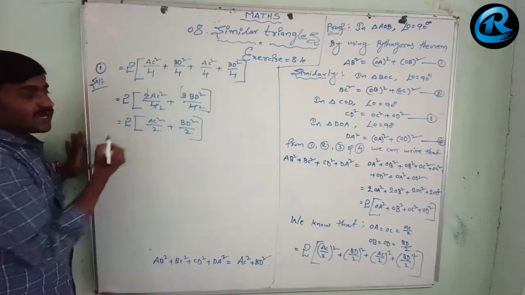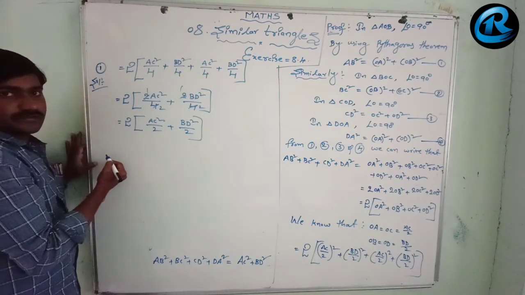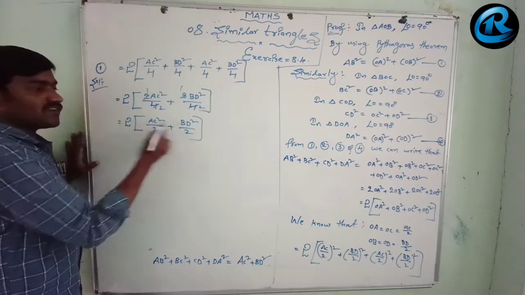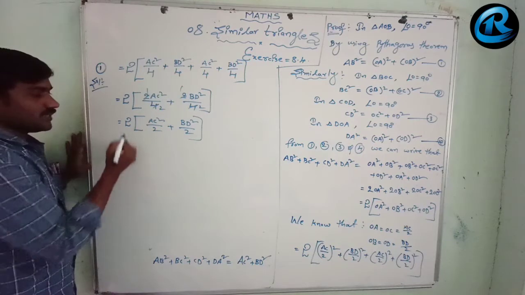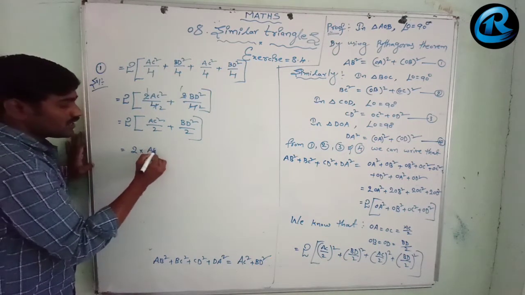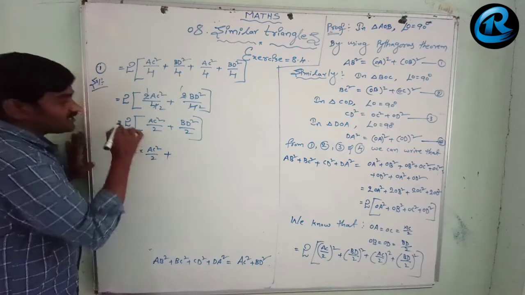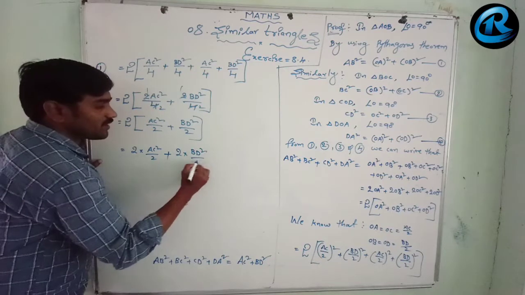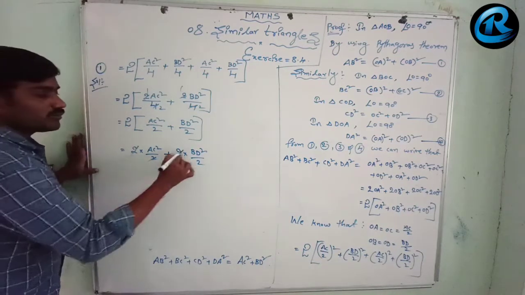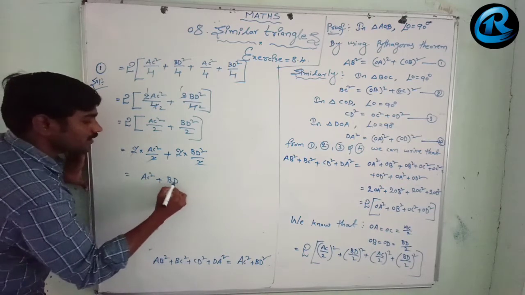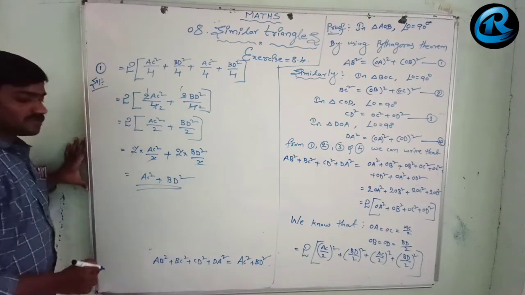This 2 will multiply both the terms: 2 into AC square by 2 plus 2 into BD square by 2, and 2 and 2 get cancelled. What is left now? AC square plus BD square.